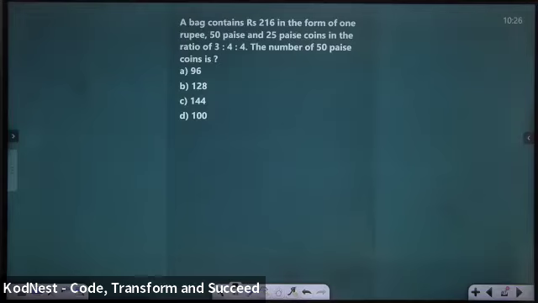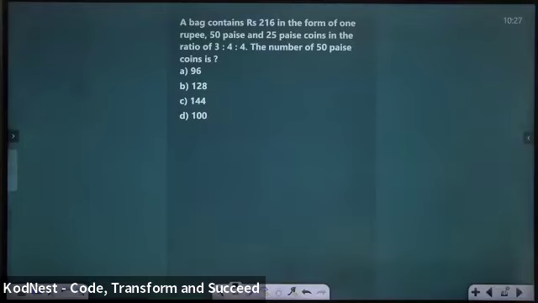Okay. Once you do this, how much is the rupee value? Three coins, 1 rupee. Four coins, 50 paise. Four coins, 25 paise. How much rupees? 6 rupees. Okay. I want 216 rupees.